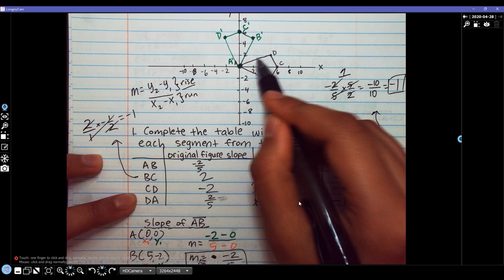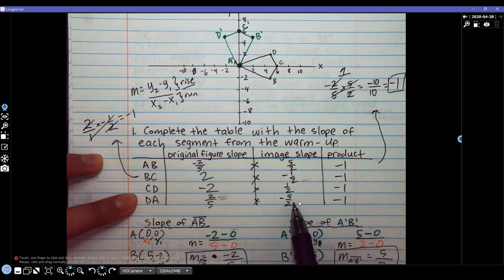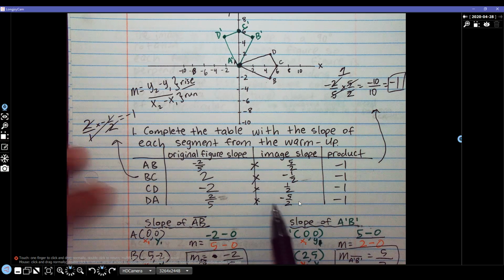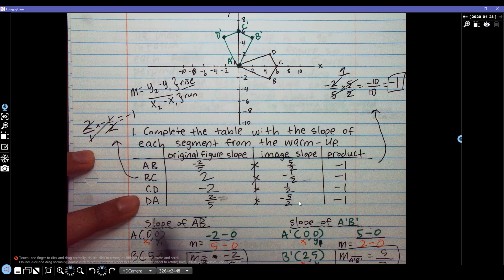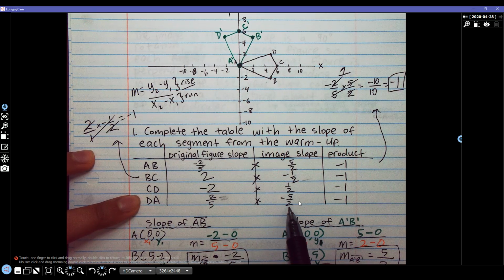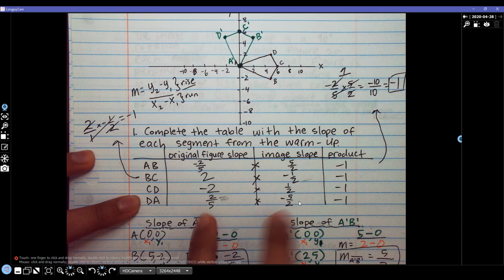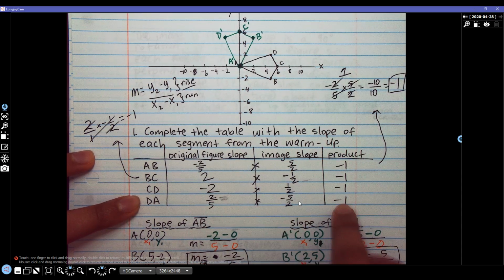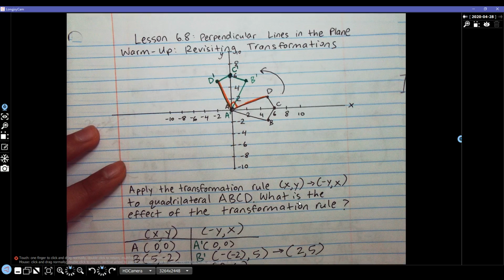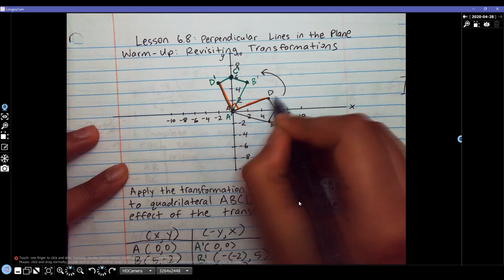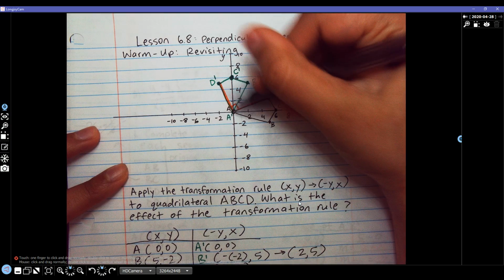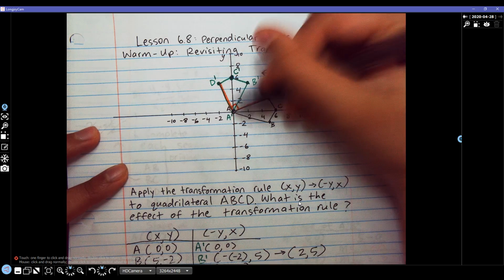That slope was 2/5, and the slope of A prime D prime, or D prime A prime in this case, was -5/2. When we multiplied those two slopes together, we got a product of -1.